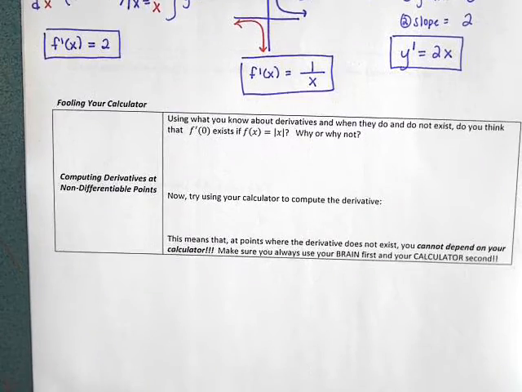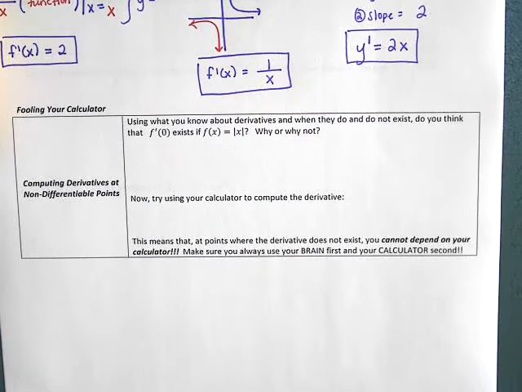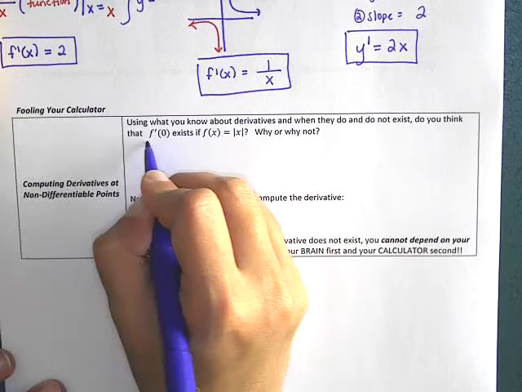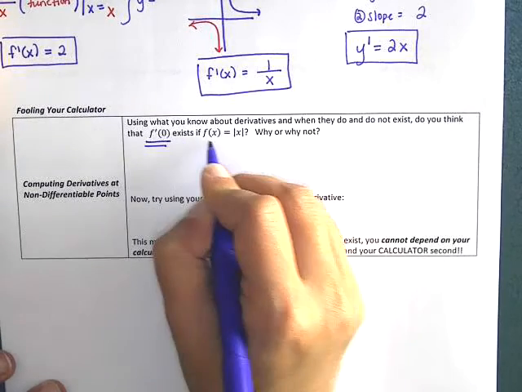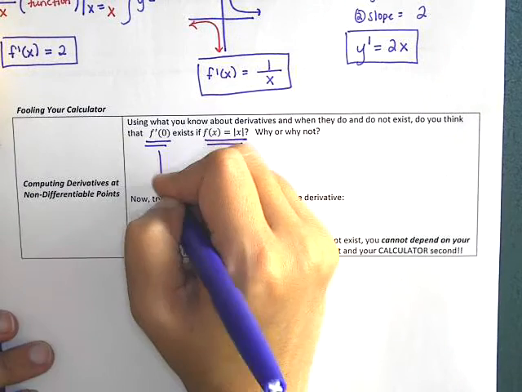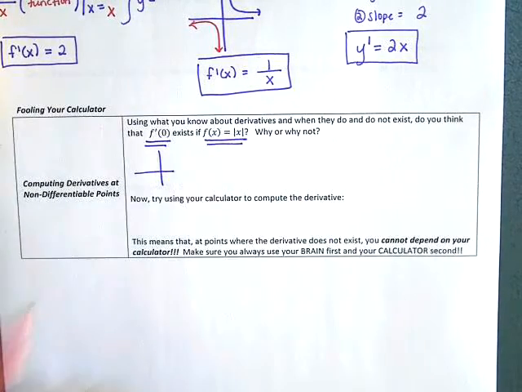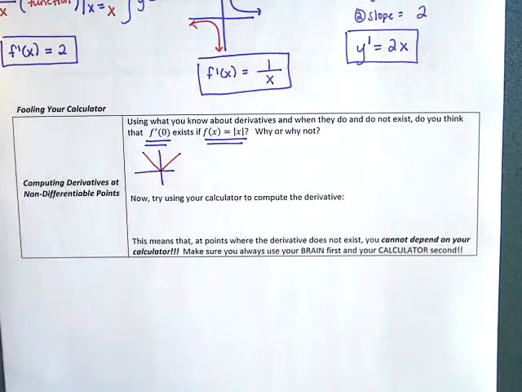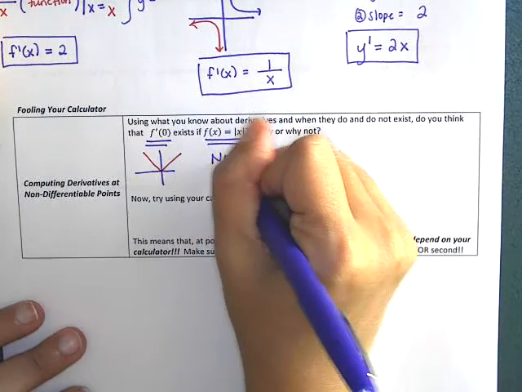Now your calculator is also a liar. Turns out that when you find the derivative on your calculator, sometimes it lies to you. Let's think about what we already know. Do we think that the derivative exists at x equals 0 for this graph? Well, since it's an absolute value graph, it's going to have a corner at x equals 0. So we would say no, because there's a corner.